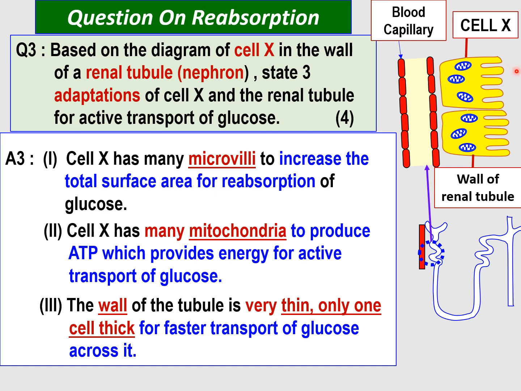So glucose just needs to go past this wall into the blood. Just 1 layer of cells. So these are the 3 adaptations: microvilli, mitochondria, and thin wall for the proximal convoluted tubule.